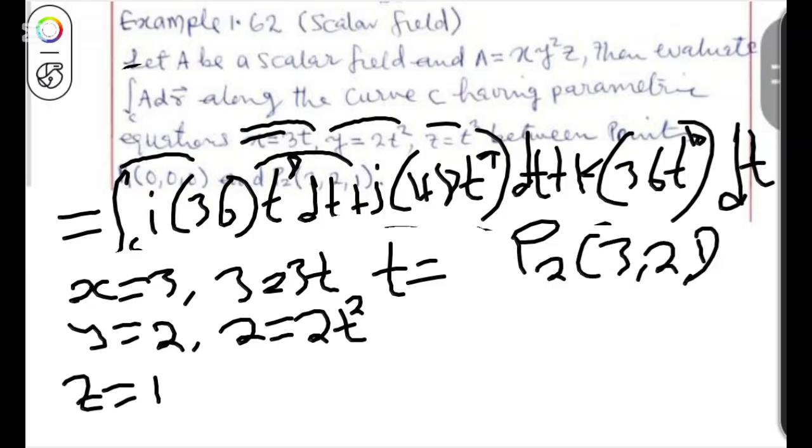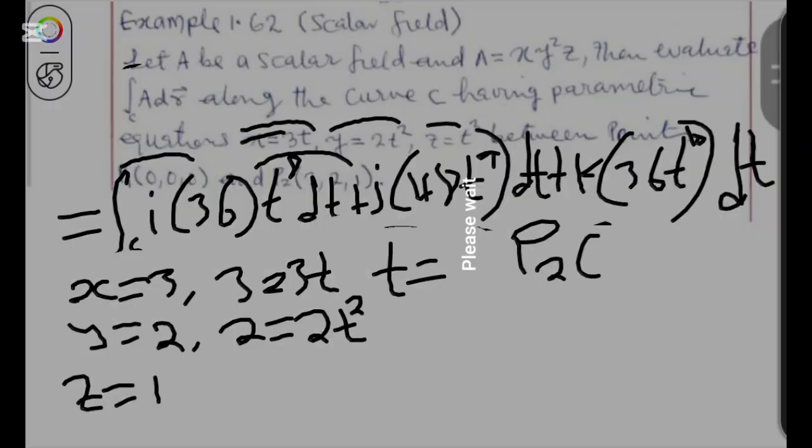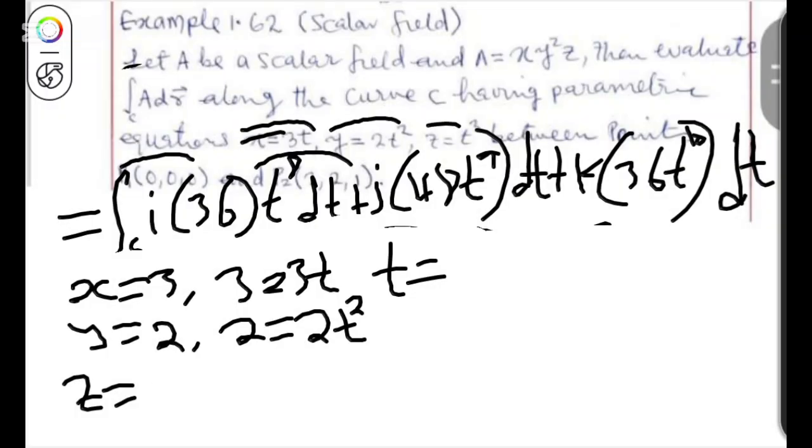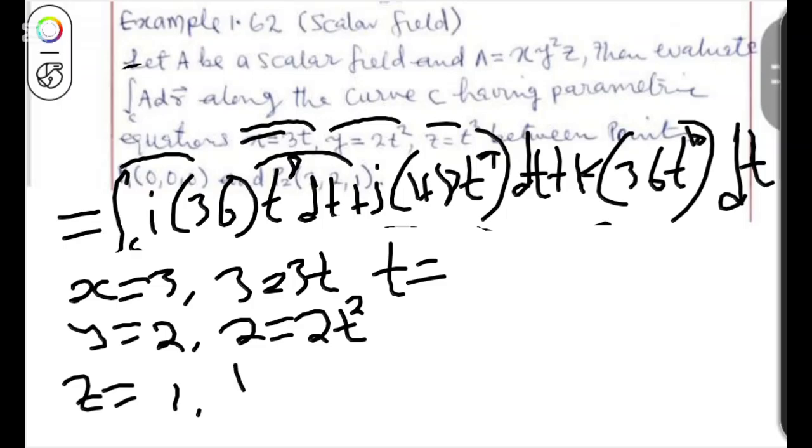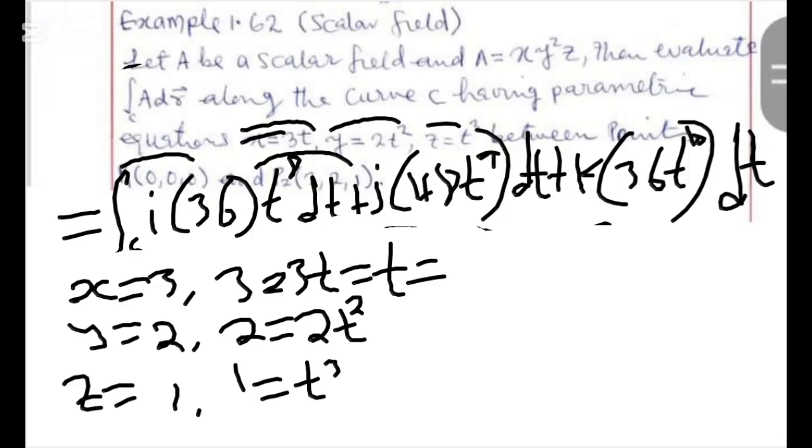Don't be confused. So when it is equals to 1, as you can see, 1 will be the same thing as 3t cubed. So I'm going to say at t equals to 1.